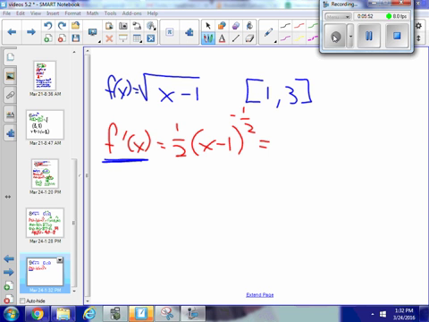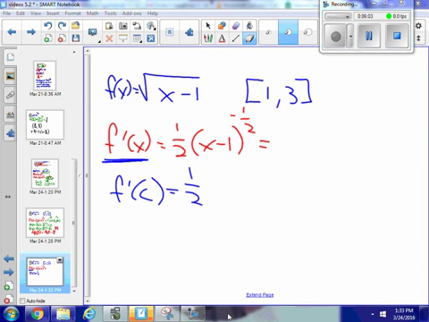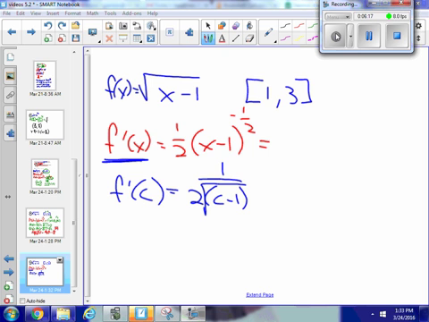So I want to find the point c such that f prime of c equals radical 2 over 2, the slope of the secant line AB. Well, f prime is 1 divided by 2 times the square root of c minus 1.